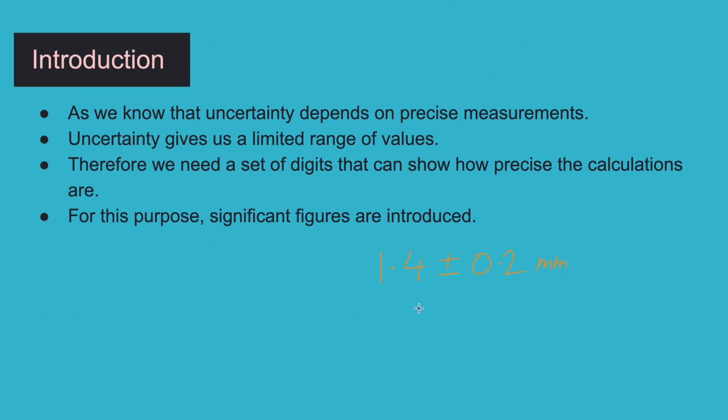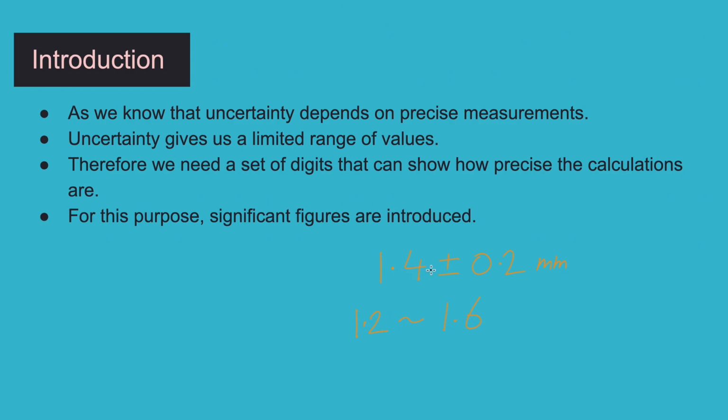So basically uncertainty tells you the min and max range of values where the actual value can lie. For example, this basically means that if another person were to calculate or run the experiment again, then the values will be between 1.2 and 1.6.